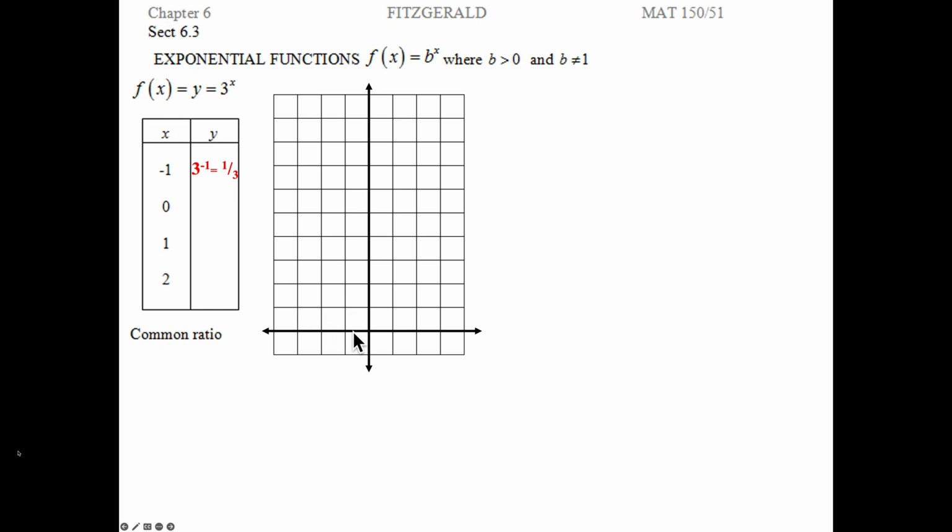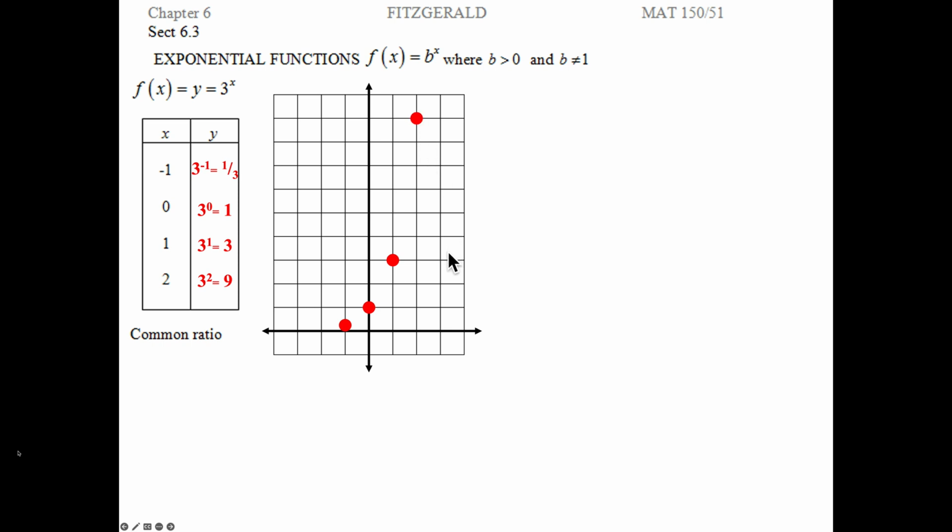And we'll plot that point, negative 1, 1/3. 3 to the 0, well, any base that meets these criteria raised to the power of 0 will always be a 1. So there's going to be 0, 1. 3 to the first power will be 3. And 3 squared will be 9. And 1, 2, 3, 4, 5, 6, 7, 8, 9.